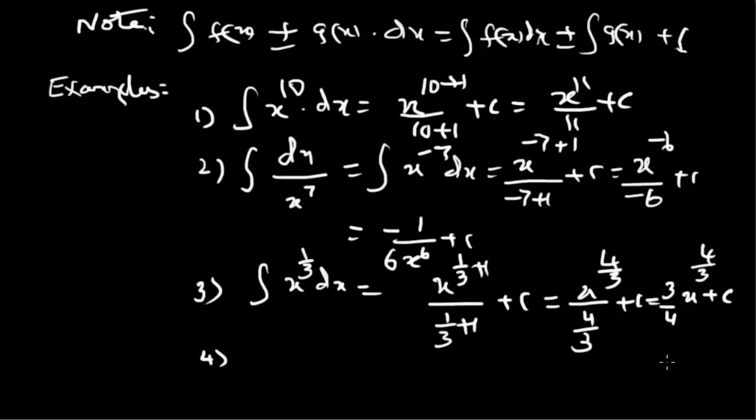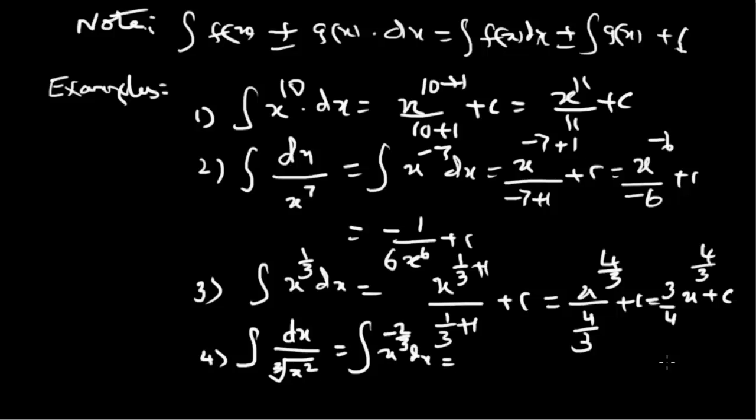Number 4 can be written as integral dx by... fractional power in the denominator, cube root of x squared. A lot of indices also are required here. This can be written by indices, denominator is x power 2 by 3. It comes to the numerator, x power minus 2 by 3 into dx.